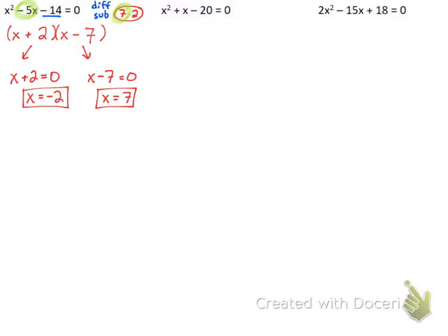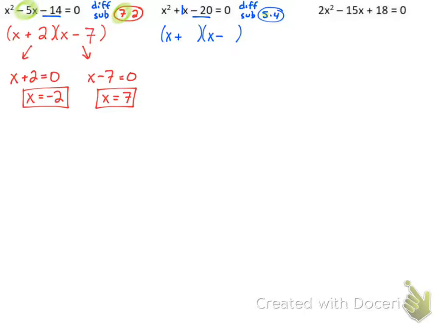With the next one, remember that there's an invisible 1 in front of my x. So again, I'm going to go right into my two parentheses. They are different signs, so diff and sub. So I go plus and a minus. 5 and 4 will multiply to get me 20. Subtract to get me 1.